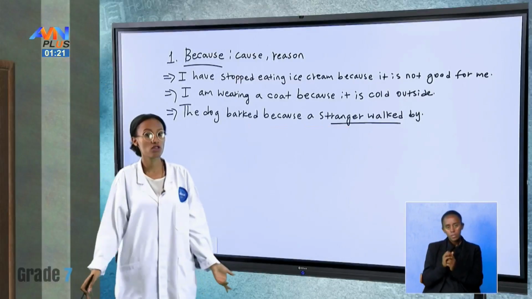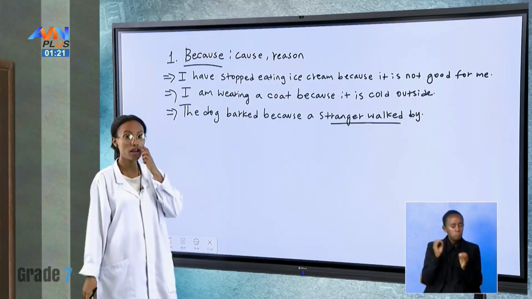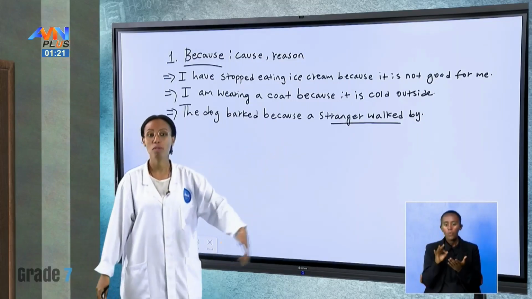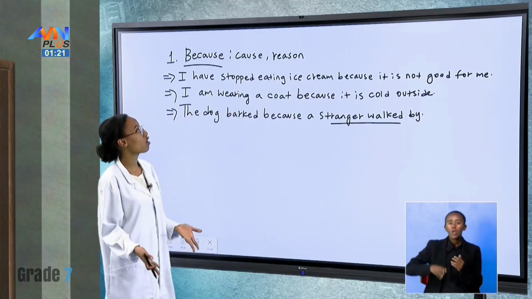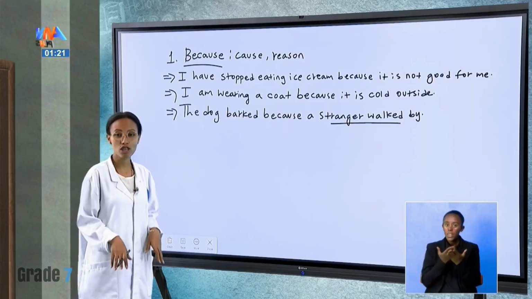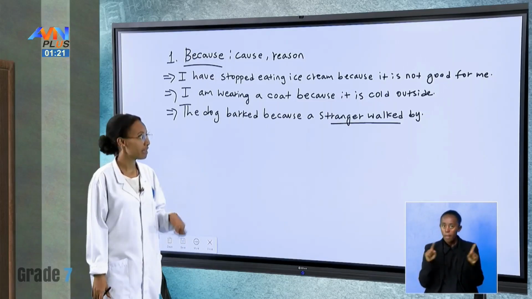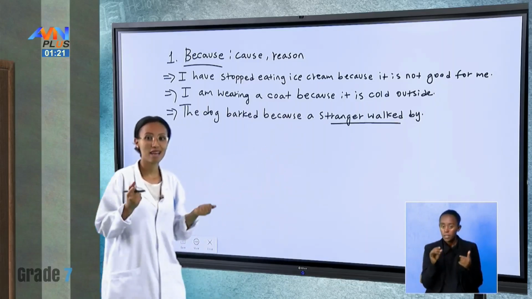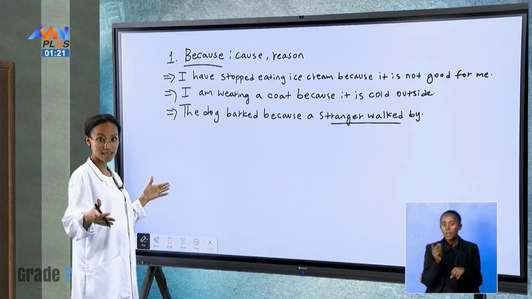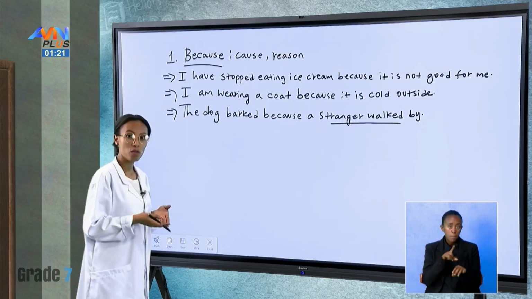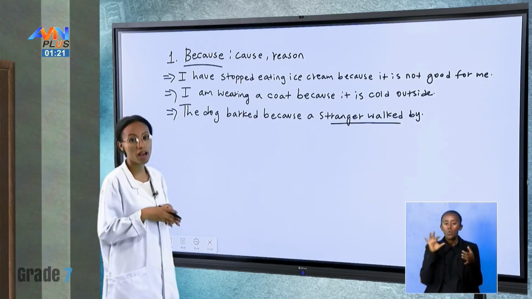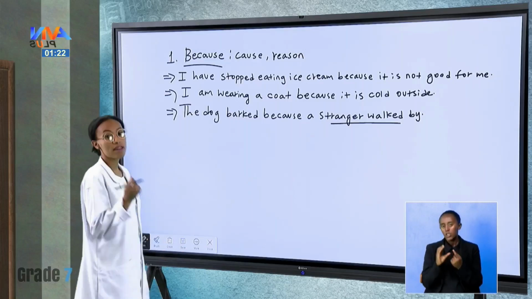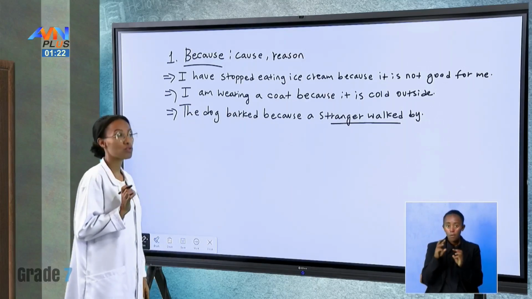If that stranger didn't walk by, then the dog wouldn't bark. So because the stranger walked by, the dog started barking. So two things, two actions, but they are related. We also use it to separate and connect at the same time two different ideas, but at the same time, we use the conjunction because also to show a cause and effect situation. This is the first way we use because.